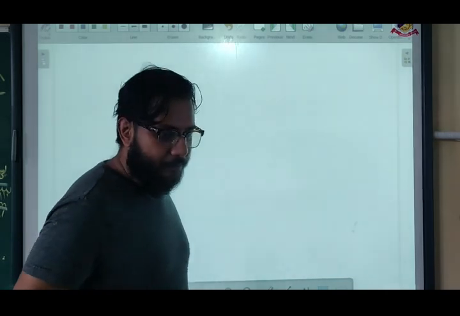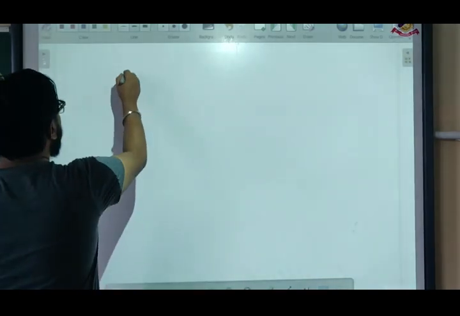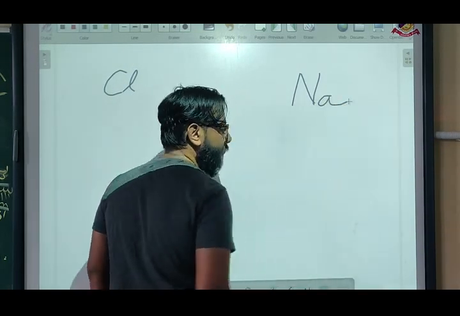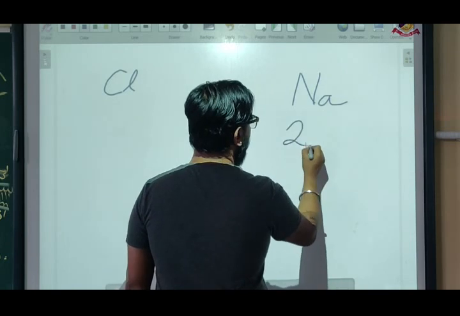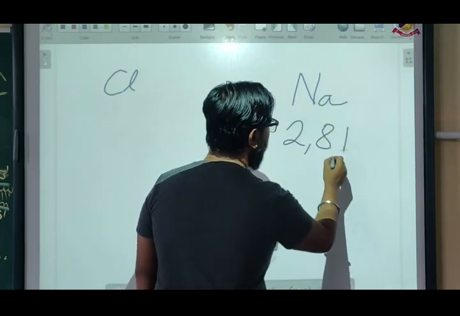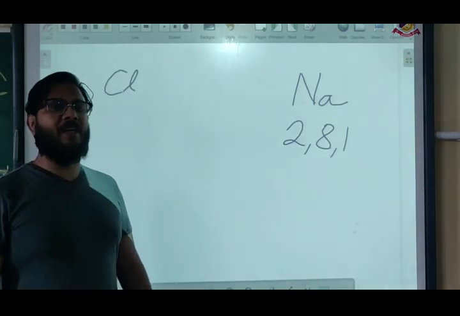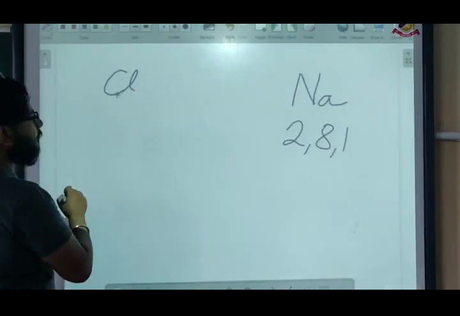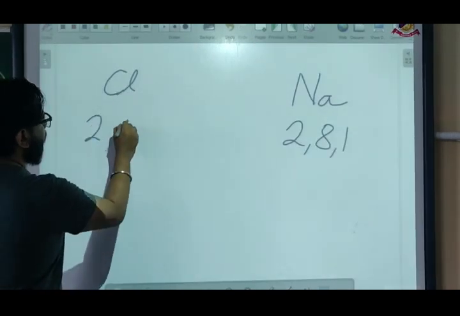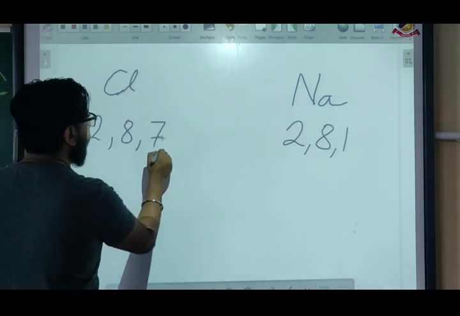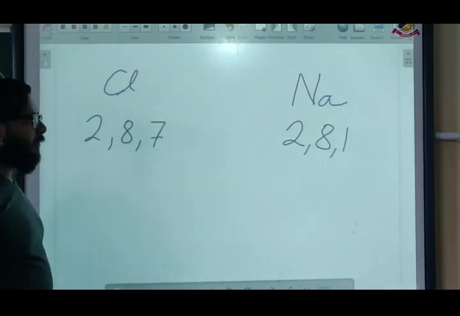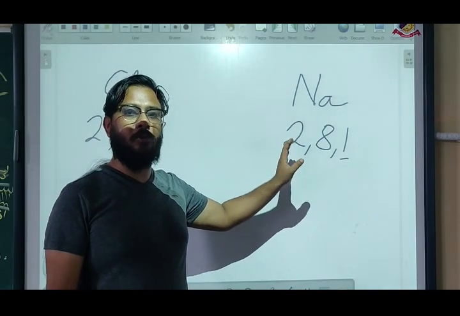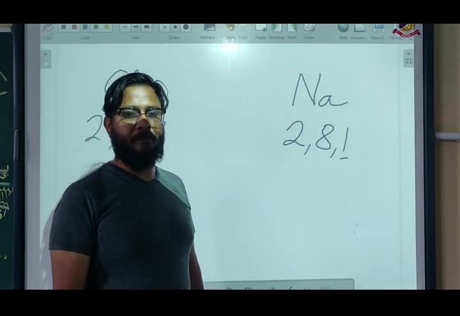Next, now let's look at chlorine and sodium. Sodium has 11 electrons. Okay? And chlorine has 17 electrons. And we have discussed that if they have 1 electron, then what they do? They give. Okay?